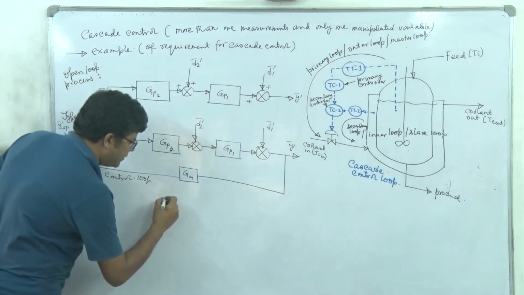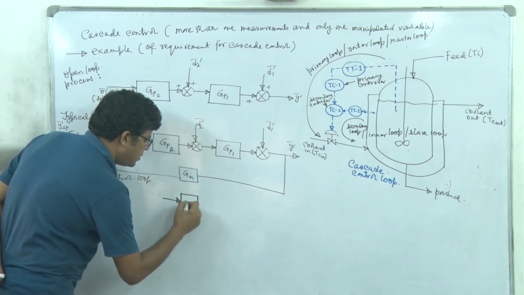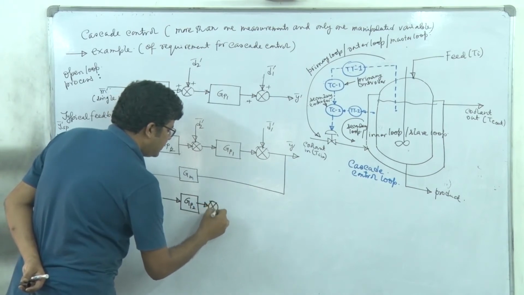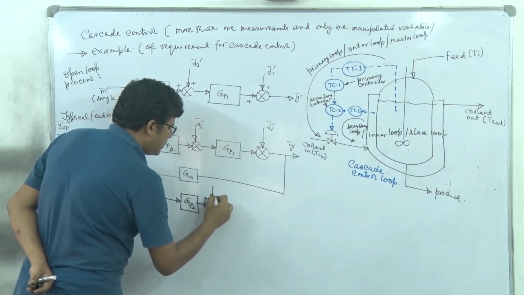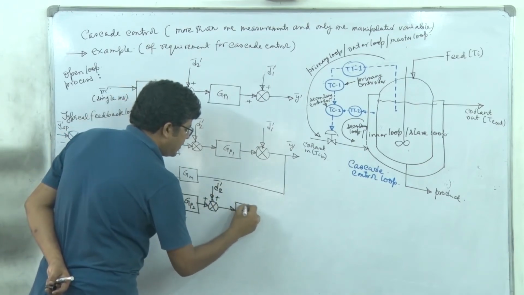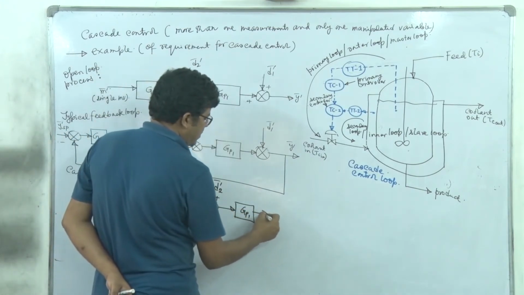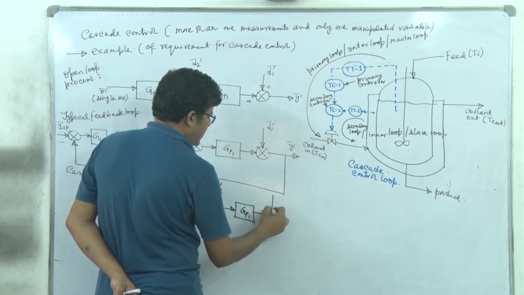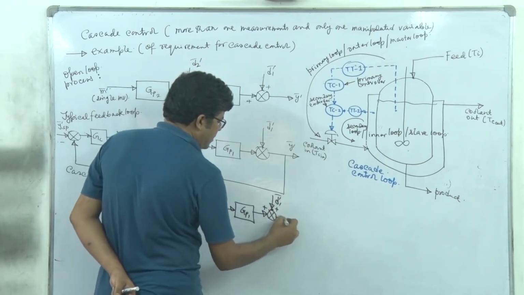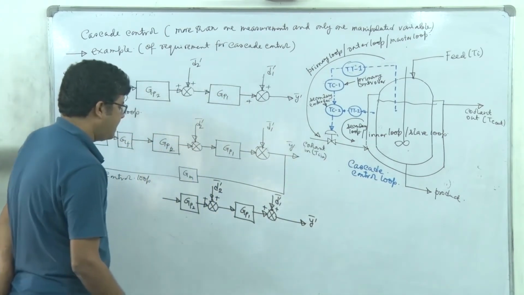Let's first draw this process: GP2, disturbance, GP1, producing the output, right.